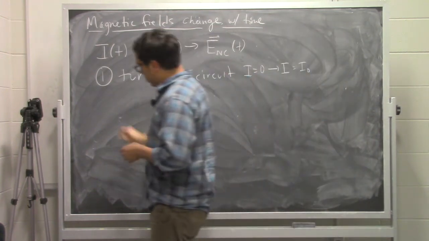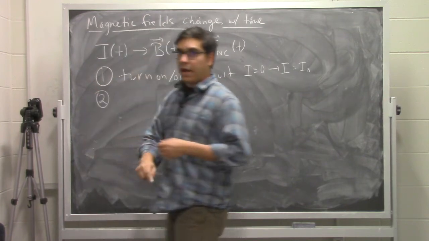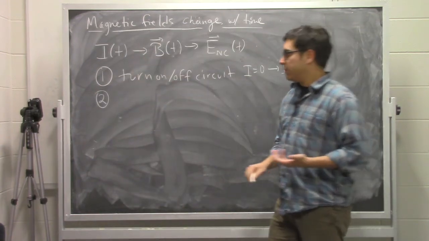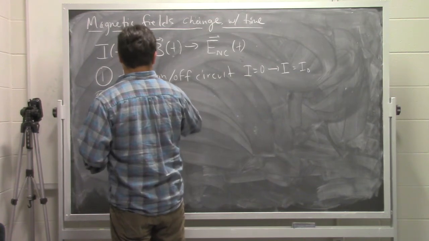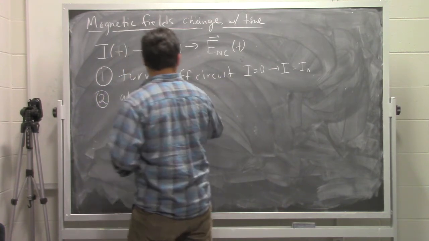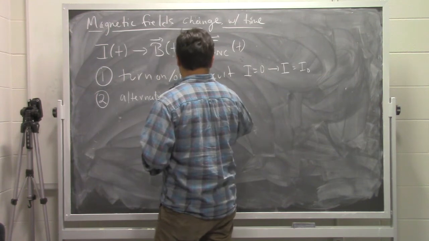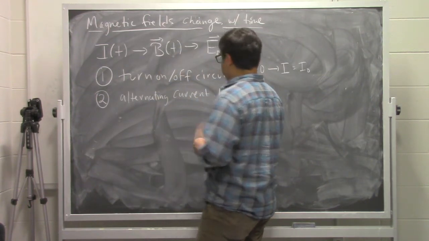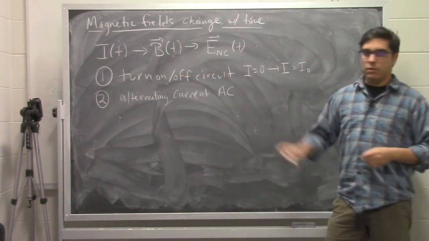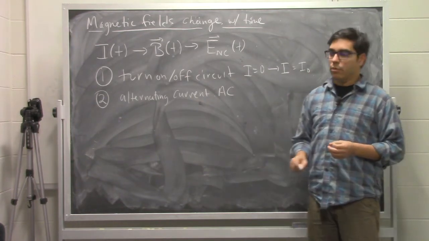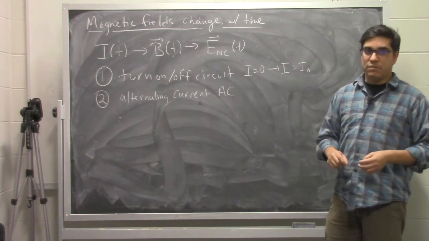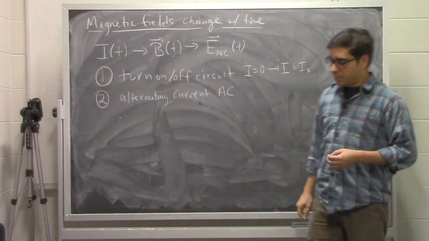And then the second case is very common in your house, which is something that we'll refer to as alternating current, and we'll talk about that in another video. Or AC current. It's an AC signal. This is the kind of current that comes out of the wall in your house, and this is why we will analyze it. It's quite important. But for the purposes of this video, we'll focus on one.